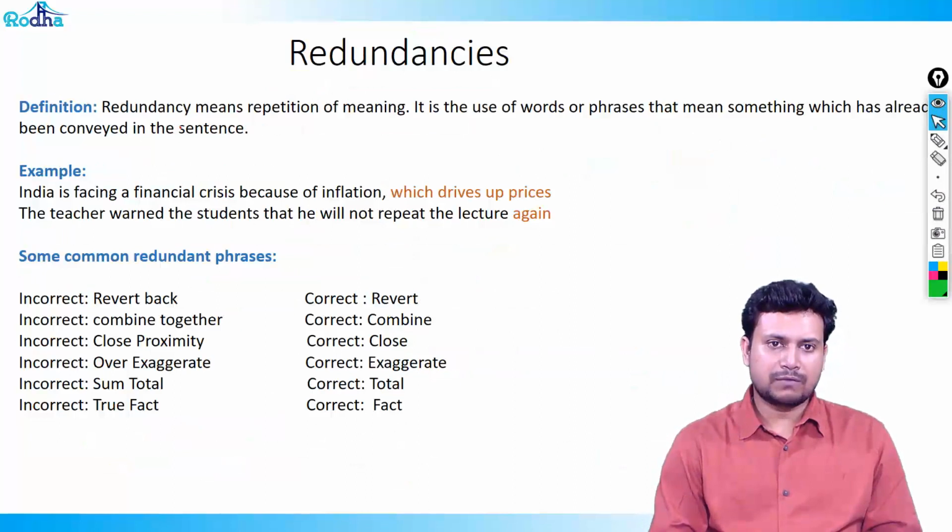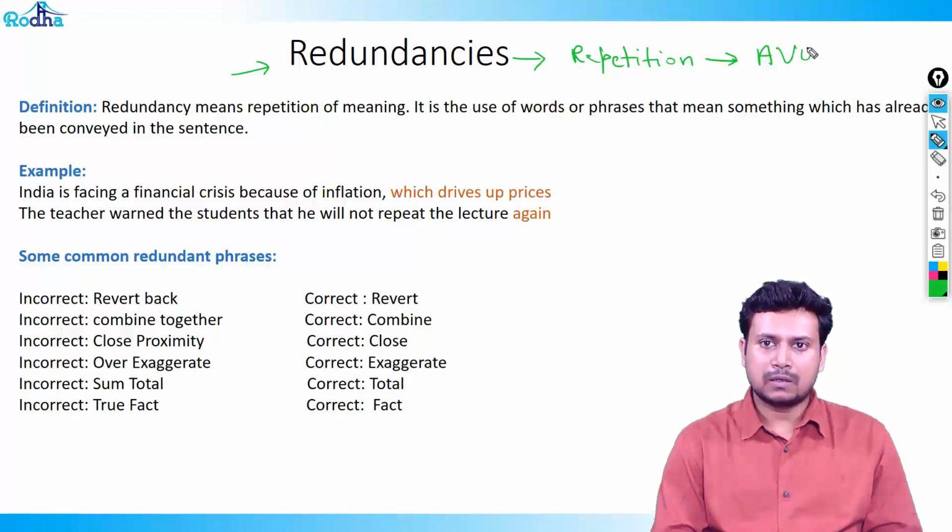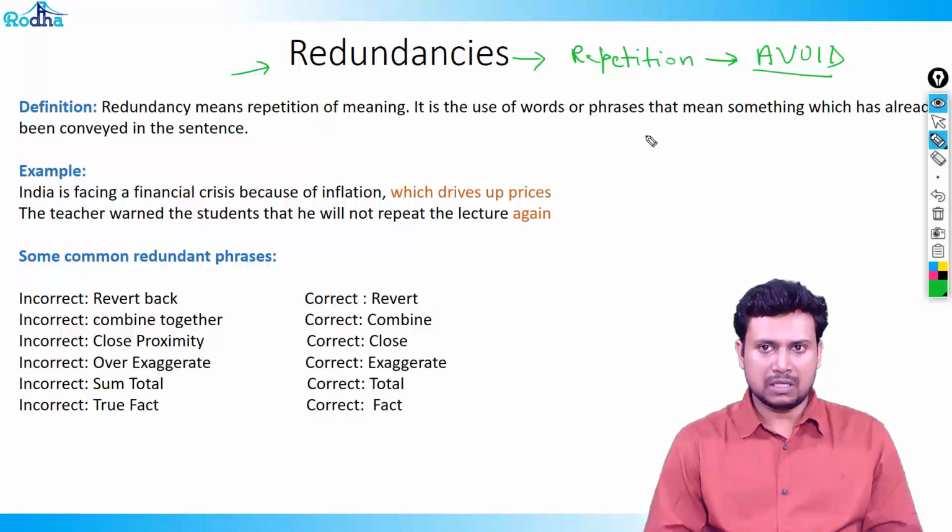Now, the next topic that we'll cover today are called redundancies. Redundancies mean nothing but repetition. So you should always avoid repetitions. Whenever you see repetition in words, in phrases, in sentences, that should be avoided. Let's look at an example here.